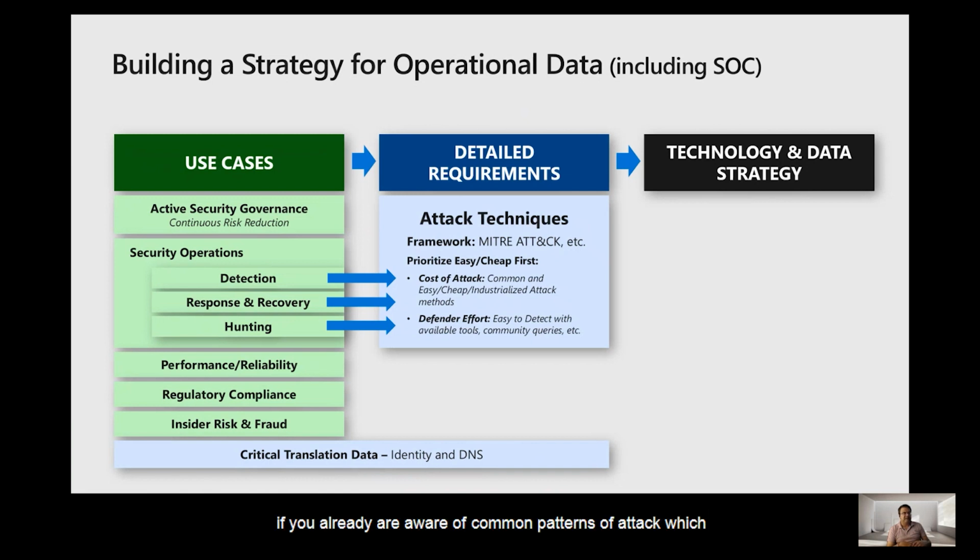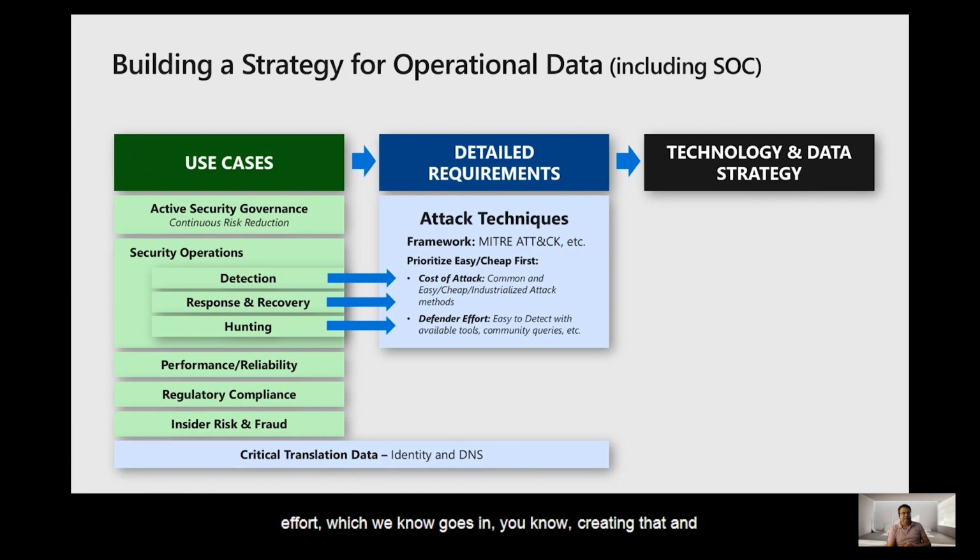And if you are already aware of common patterns of attack which have happened in the past, those use cases should be taken first. Apart from that, a lot of community effort may already have gone into use cases, toolset availability, dashboards, connectors, ML models, correlation logic, and detection logic.